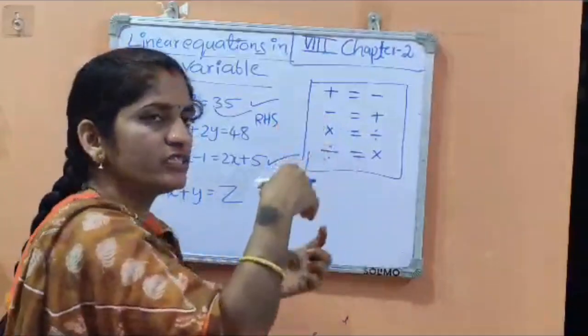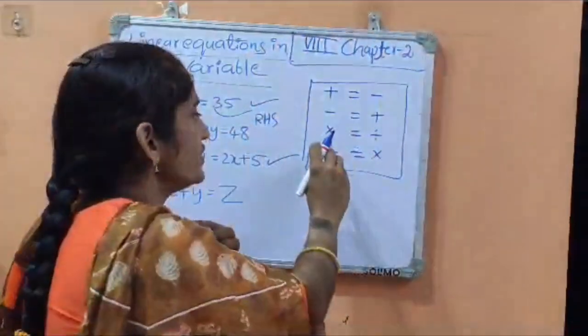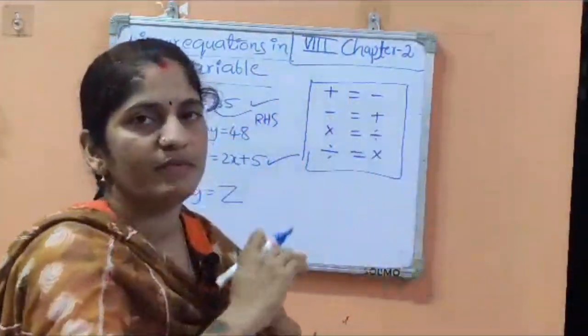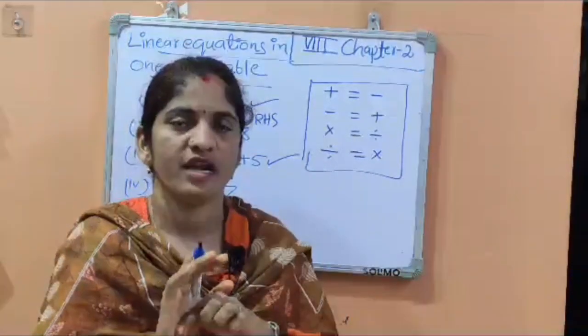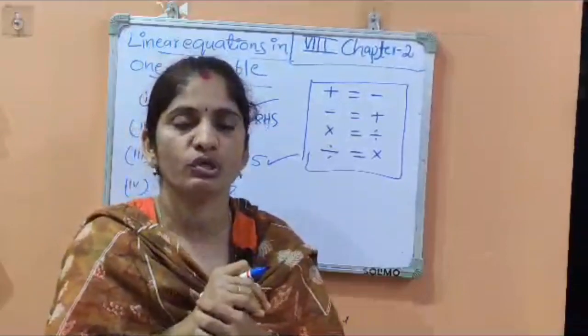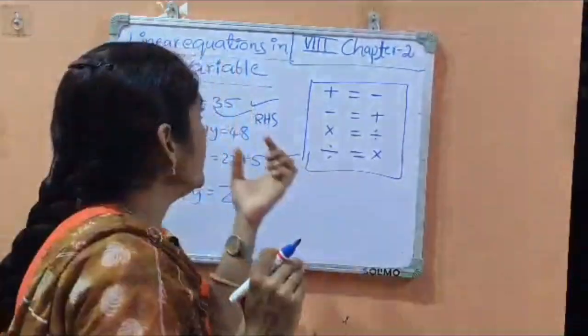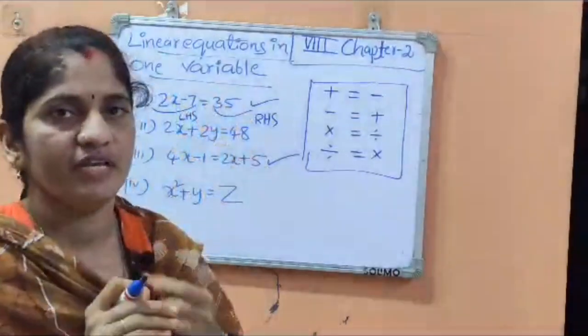A multiplication term converts to a division term, and a division term converts to a multiplication term. By using only these four properties and different techniques, we are going to solve the problems in linear equations in one variable.